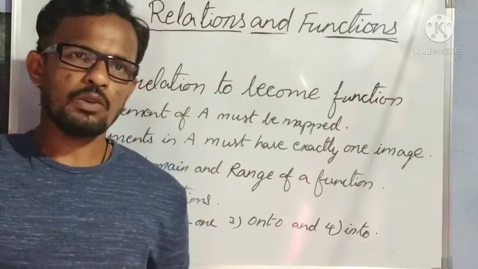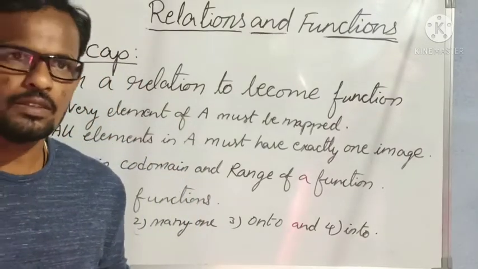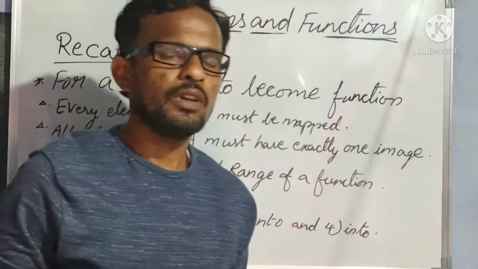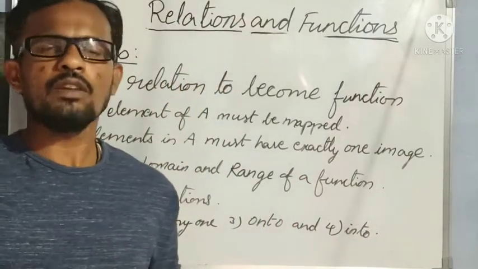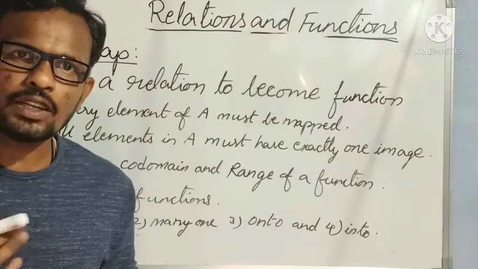Let us recap first what we discussed in our previous video. We discussed the definition of a function, that is, when a relation can be said to be a function.